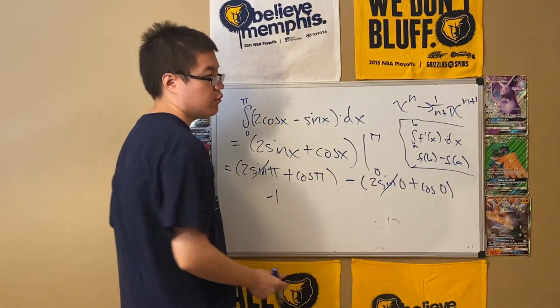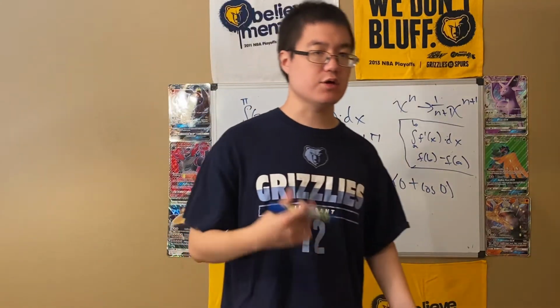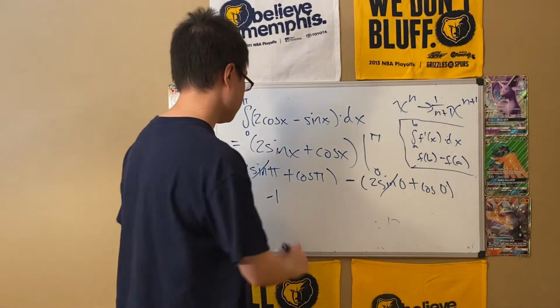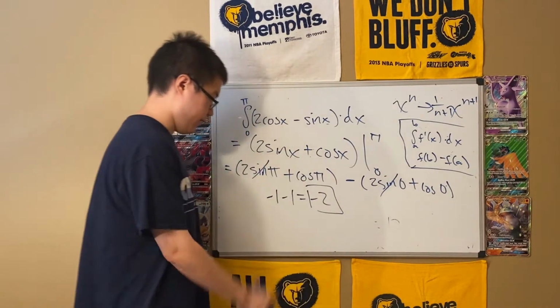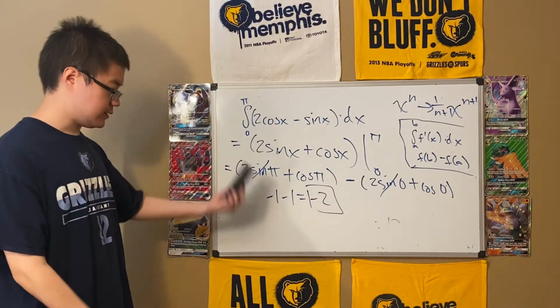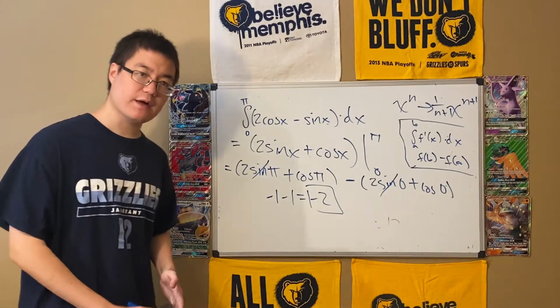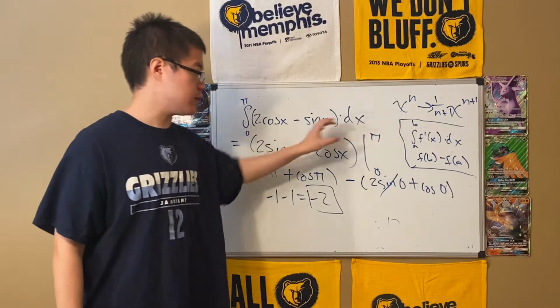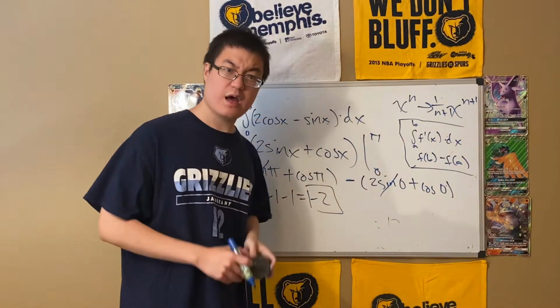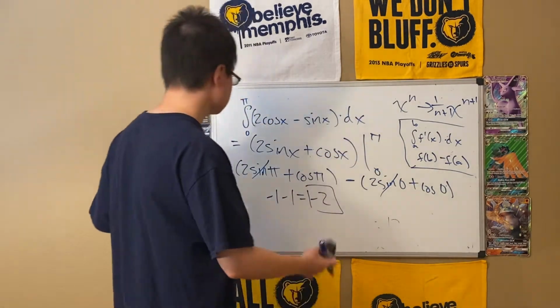What's cosine of 0? Well, that point is 1, 0, goes with the x value, so just 1. So minus 1 minus 1 is minus 2. And that's it. So that's another example of the fundamental theorem of calculus. Again, just take antiderivatives, plug in the top thing, plug in the bottom thing, and you're good to go. Let's do a few more.